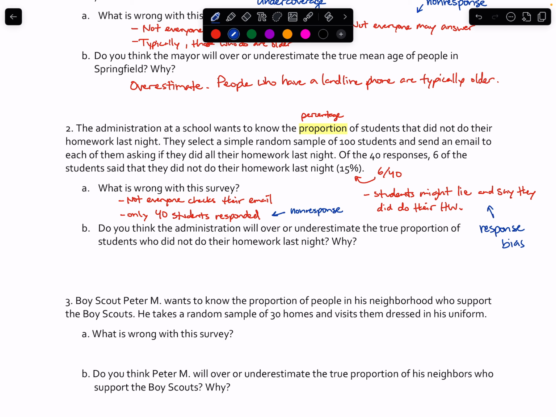Well, again, we didn't get a lot of data to begin with. And of those 40 responses, only 6 kids said that they did not do their homework. 15% did not do their homework. That means 85% of kids did their homework. That seems like it was kind of a lot. So in this case, the percentage of kids who did not do their homework is probably an underestimate.